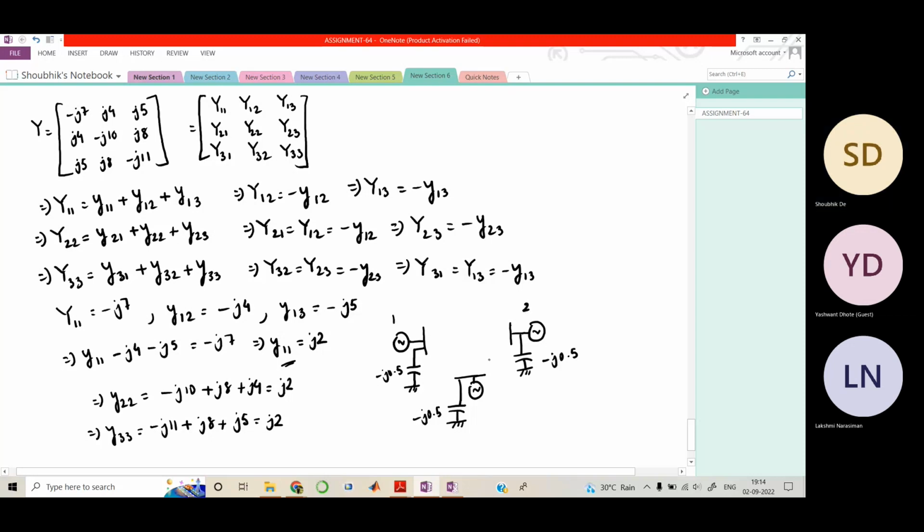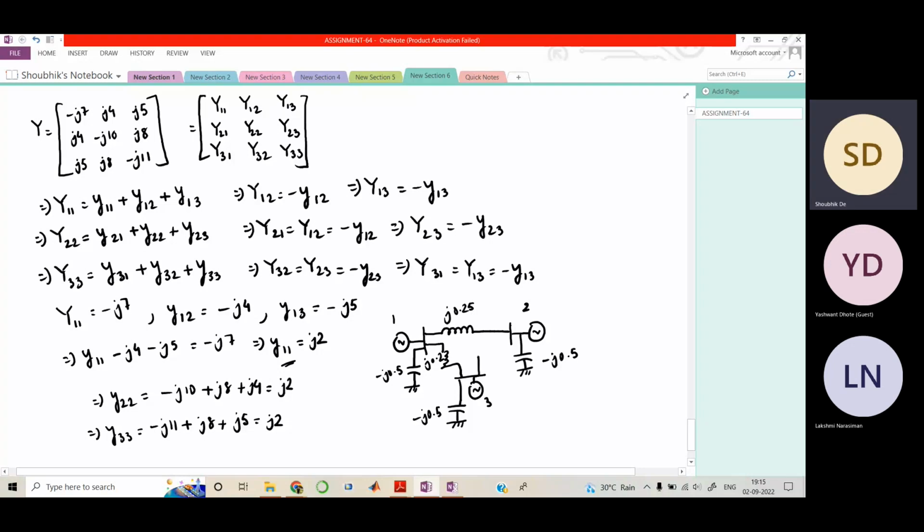So this is 1, 2 and 3. Your y12 is minus j4, then z12 would be 1 by y12, so j 0.25. This is an impedance, so this is your j 0.25. And the y13 is minus j5, so this would again be an impedance between them, so this is j 0.2.